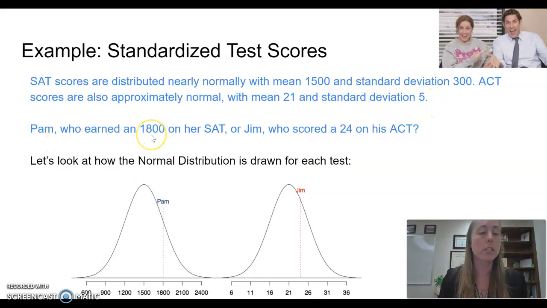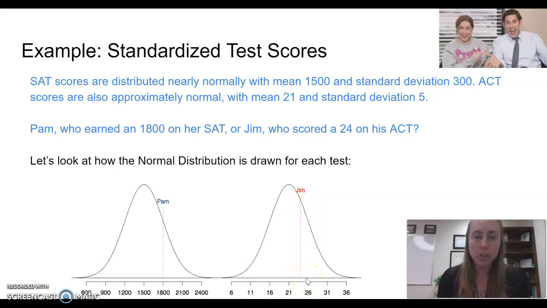Pam, who earned an 1800 on her SAT, or Jim, who earned a 24 on his ACT. We can see here that Pam is right on that tick mark at 1800. Jim is in between the mean of 21 and the 26 tick mark because he earned a 24.